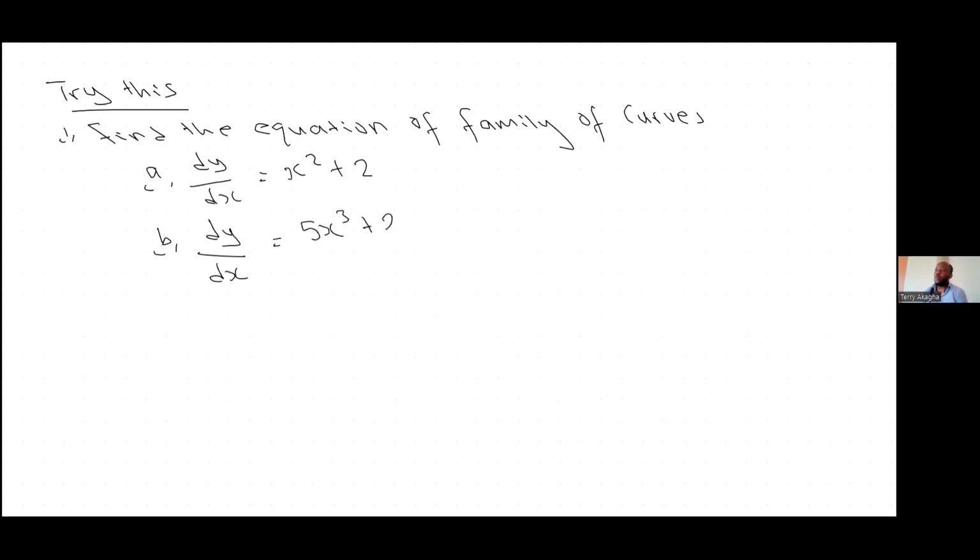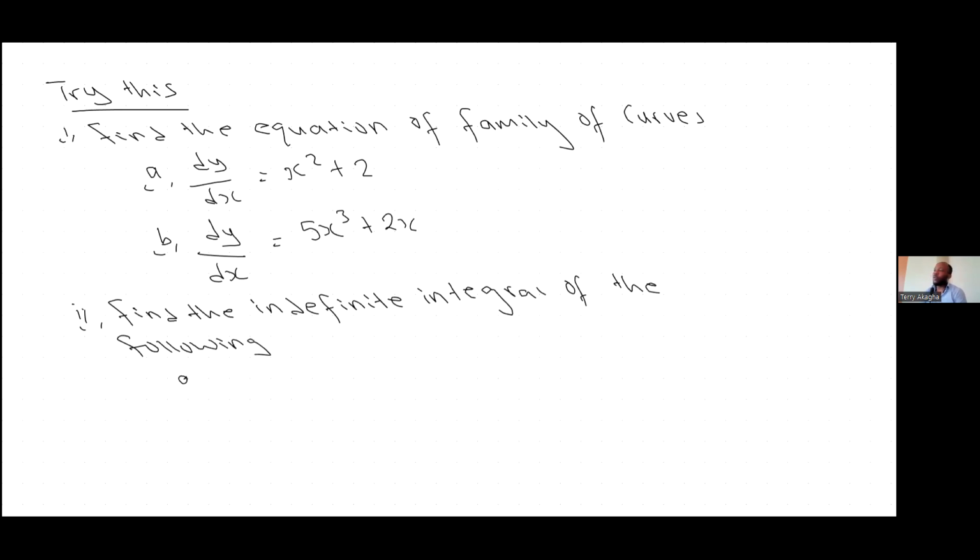Then number 2, let's assume we're also told to find the indefinite integration. Integral of the following. Okay, so let's assume we're told to find the integral of the cube root of x, dx. So this sign here means integrate.